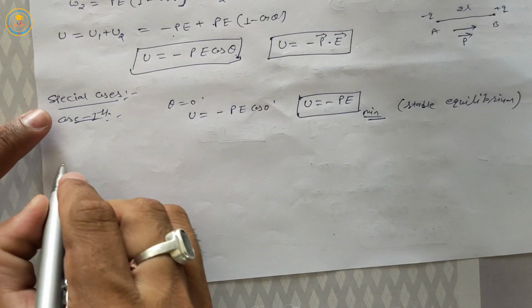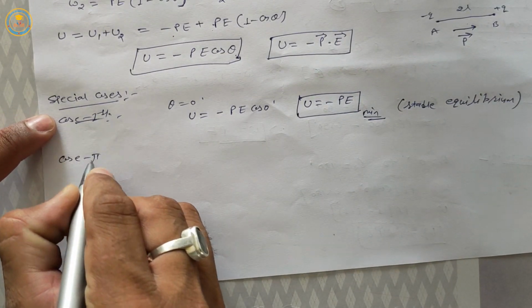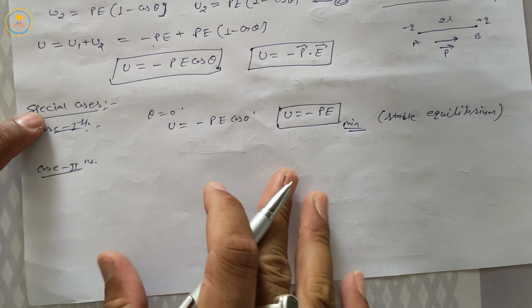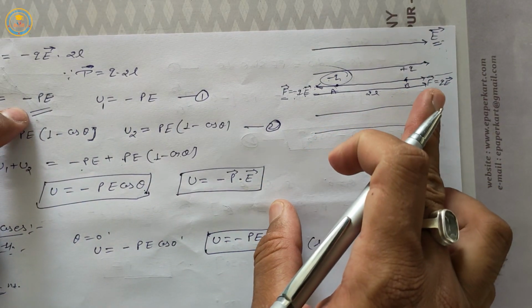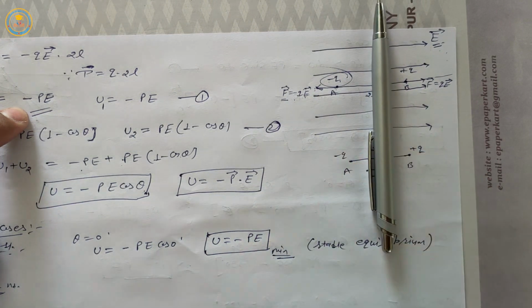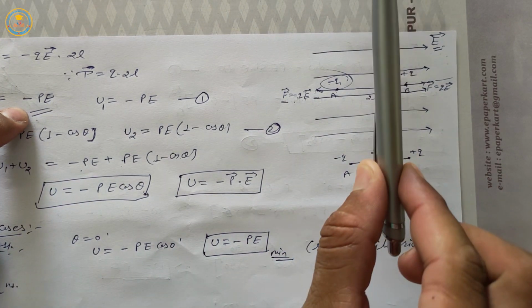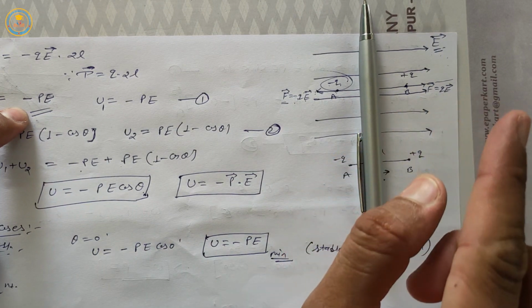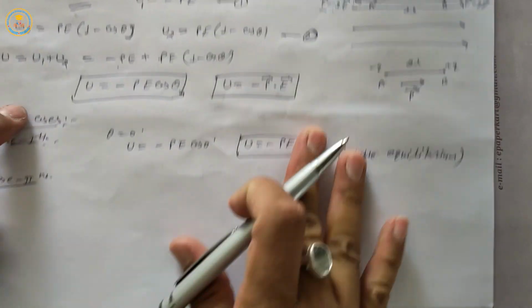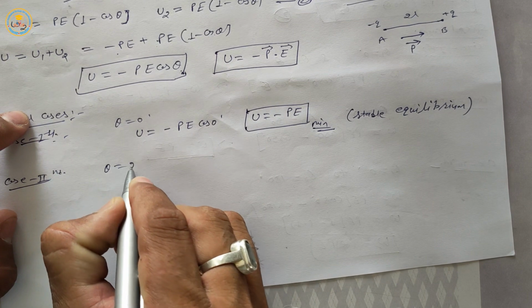Now case second: if the electric dipole moment is perpendicular to the electric field like this, this is the electric dipole and this electric dipole moment is perpendicular to the electric field, then theta is equal to 90 degrees.